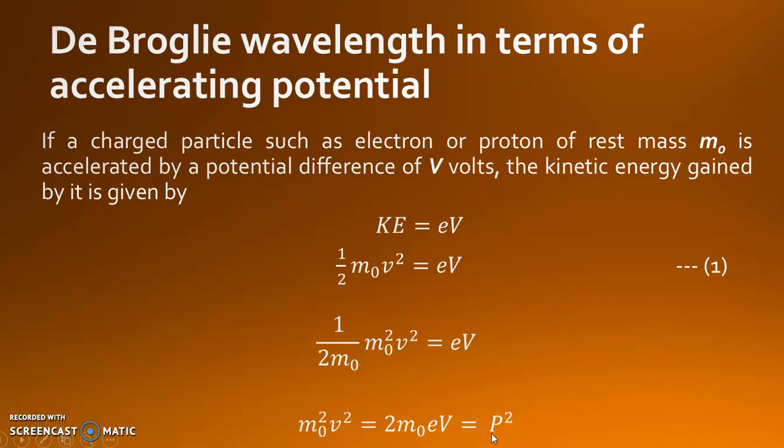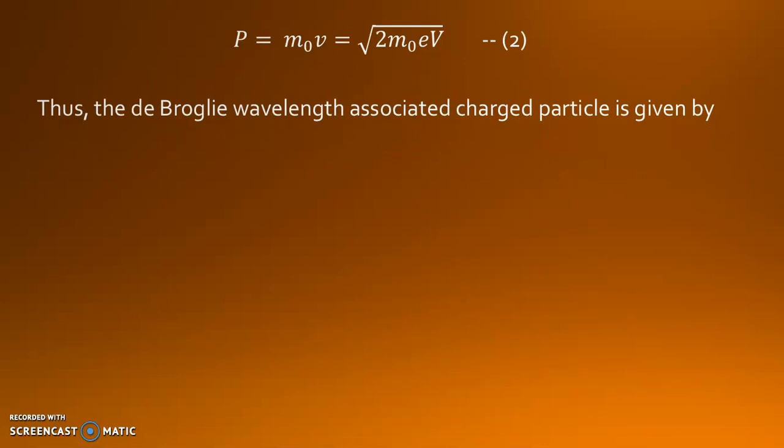Now to get the value of p, we again take the square root. So p is equal to m naught v, which is equal to under root 2 m naught eV.